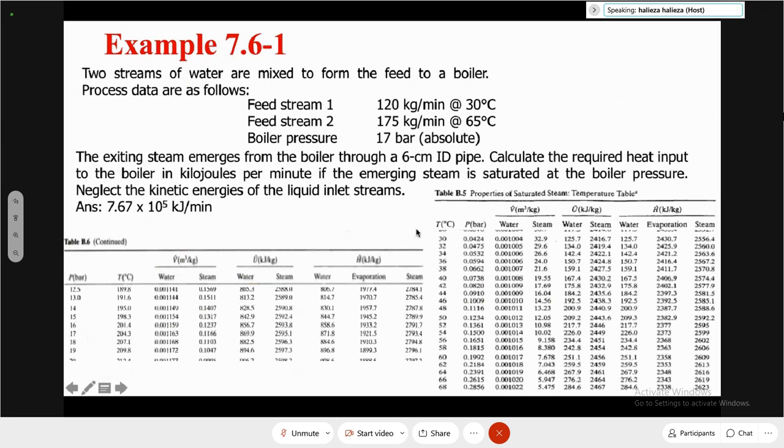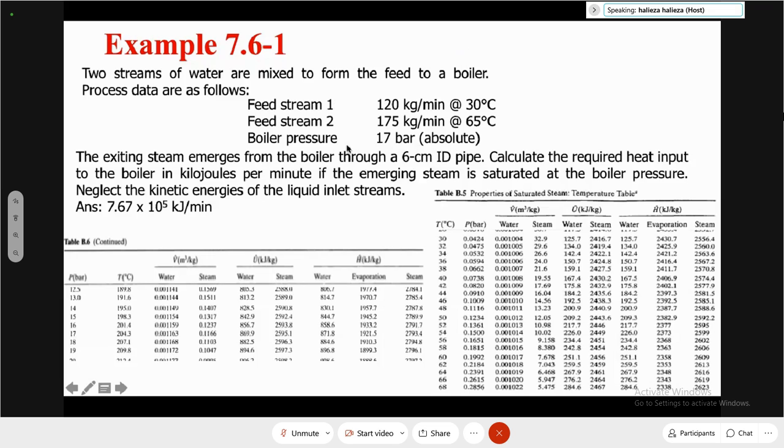If you look at this example, let's go through the equation. You have 2 streams of water going to mix. We have stream 1 and stream 2. You're going to mix them so that you will produce another stream, which is the outlet stream, having a pressure of 17 bar absolute.